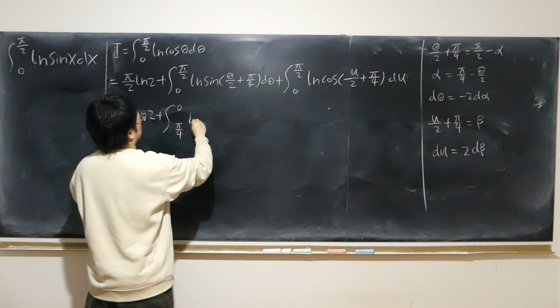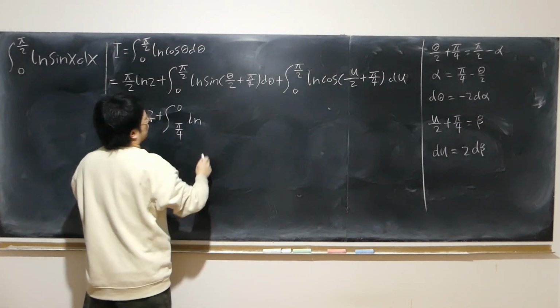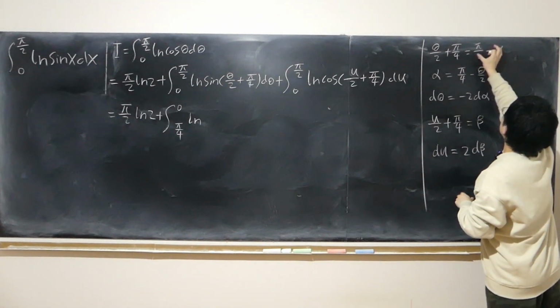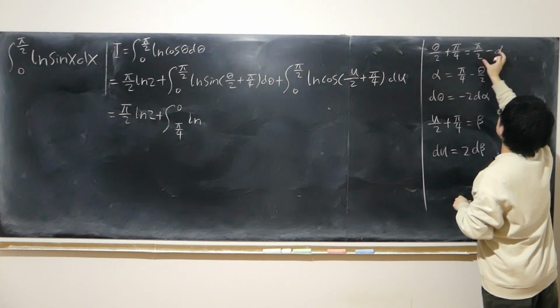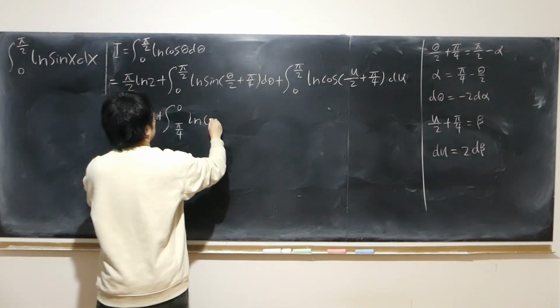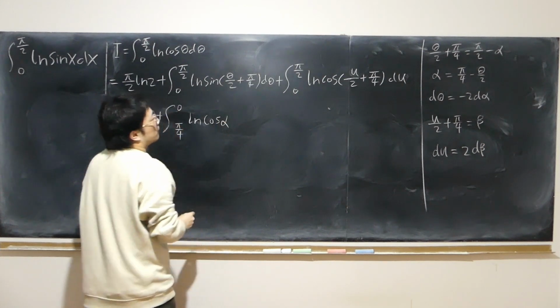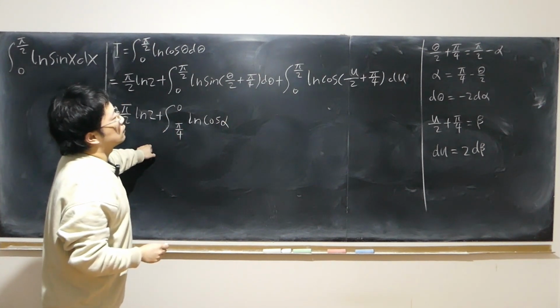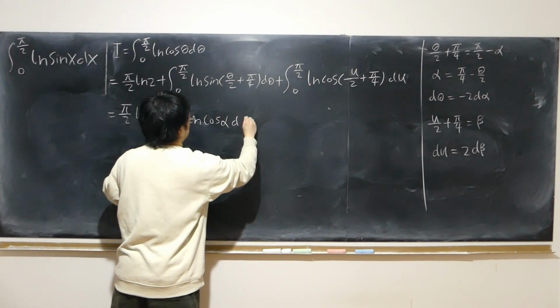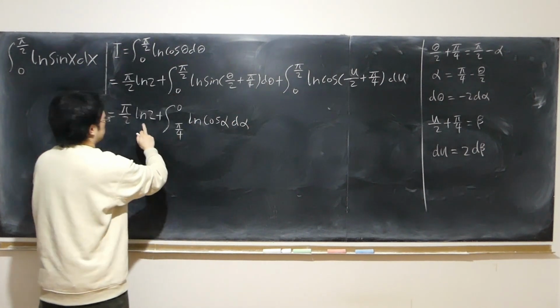So log sine angle becomes this angle. Sine of this angle is equal to cosine of that angle, cosine alpha. d theta becomes negative 2 d alpha.